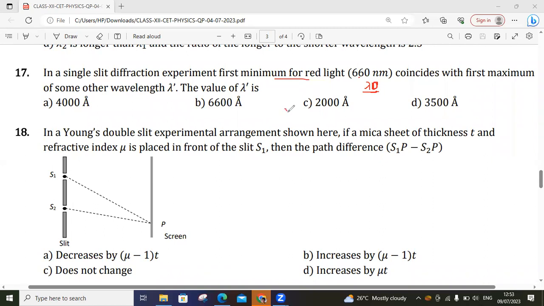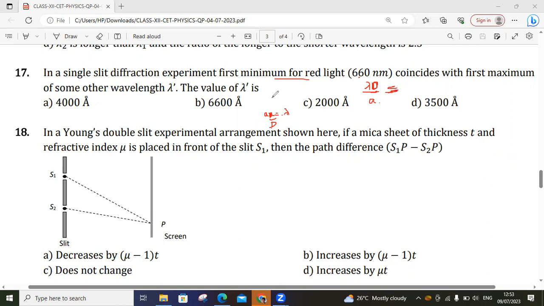The first minimum comes when a sin theta is lambda, theta is x by D. So lambda D by a. This is the position of the first minimum for red light, which coincides with the first maximum of some other wavelength.